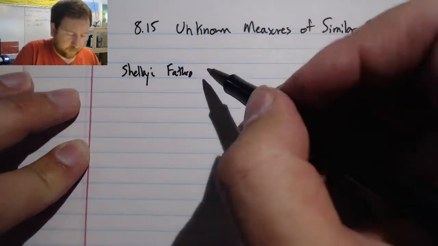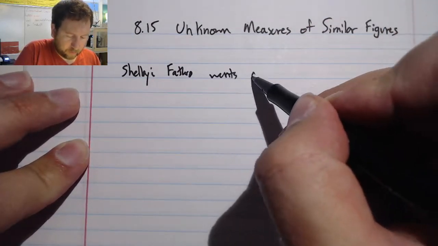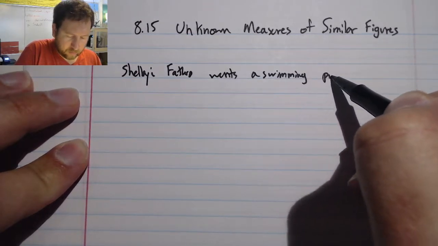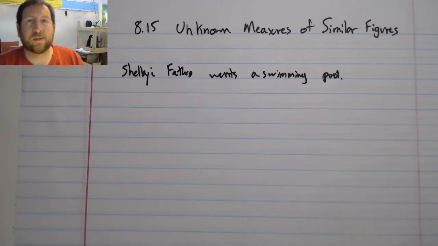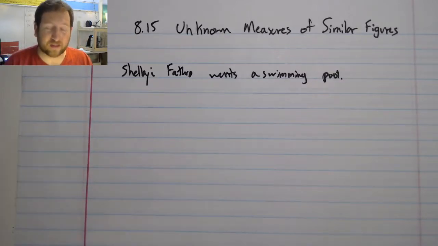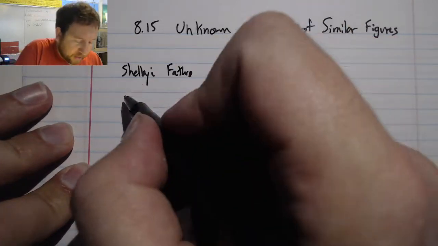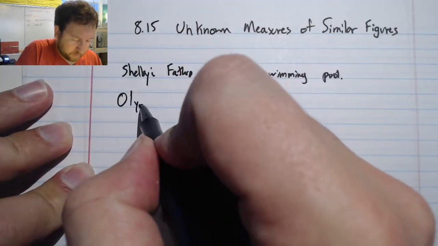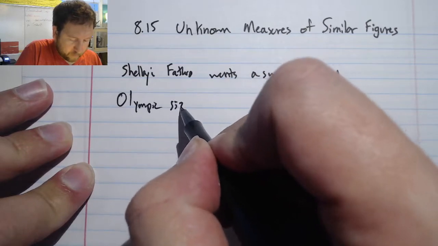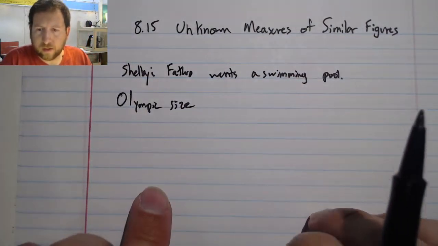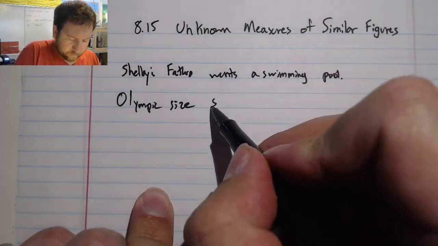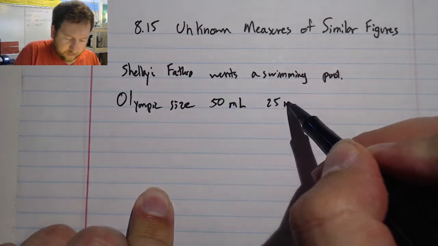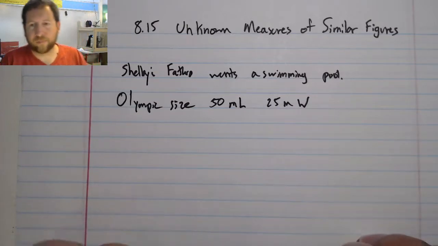wants a swimming pool. Now, he doesn't have enough money to buy a full Olympic size swimming pool. An Olympic size swimming pool is 50 meters long and 25 meters wide.